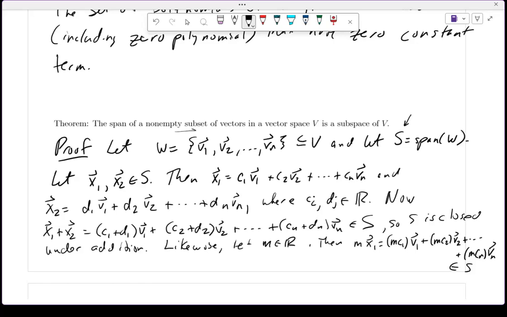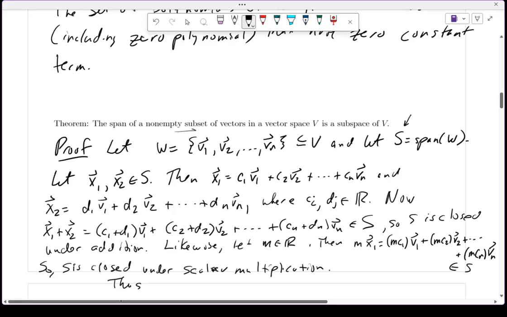So I have the distributivity axiom, and I have the associativity for scalar multiplication axiom being used. But in particular, it's back in S again. So S is closed under scalar multiplication. So I have that it's a subspace of V.